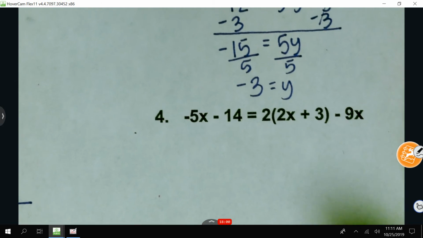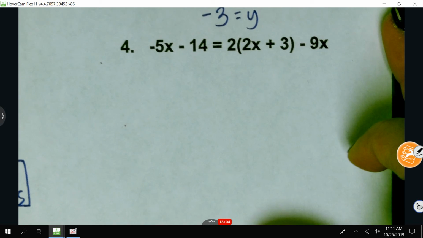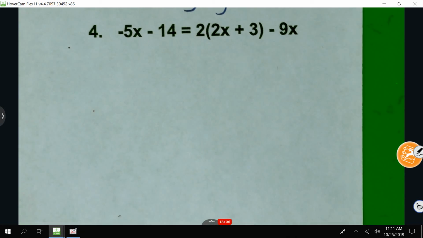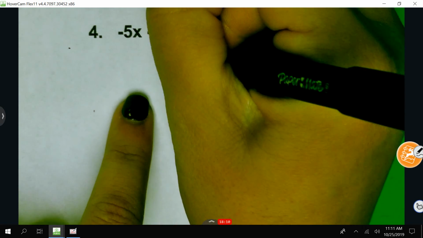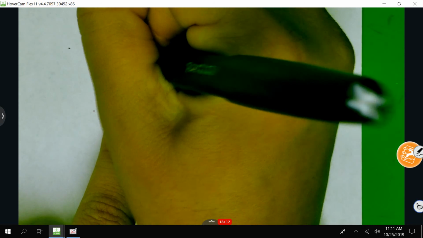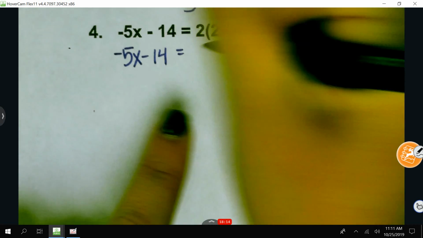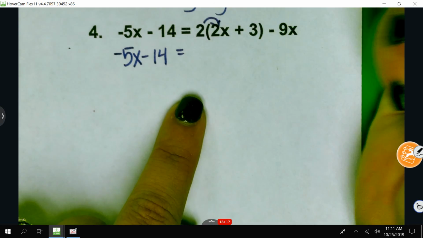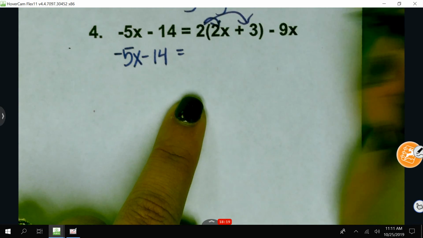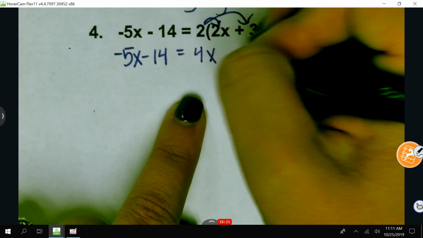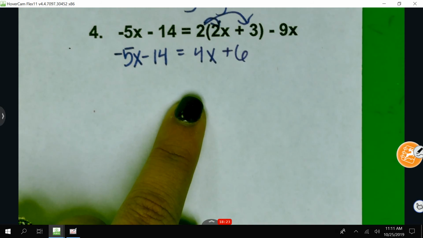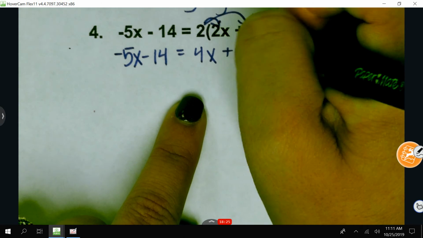All right, let's look at example number 4. What do you think I need to do first? On the right-hand side. So I'm not going to do anything to the left right now. When I distribute, what do I have? 4x plus 6. And then bring down that minus 9x.